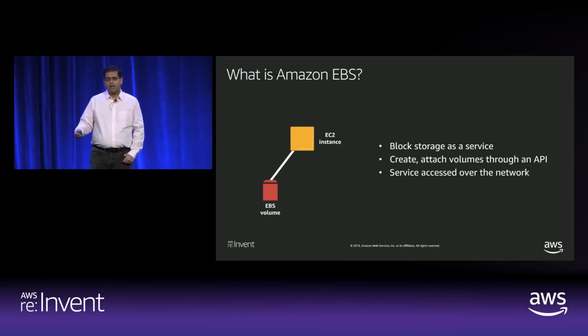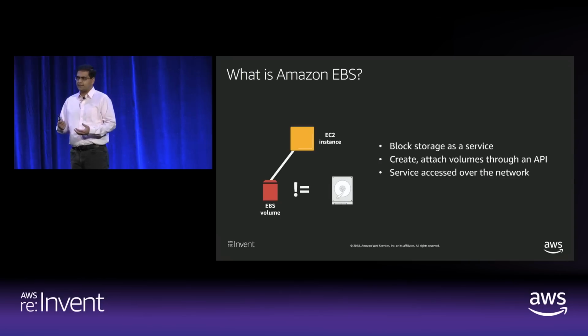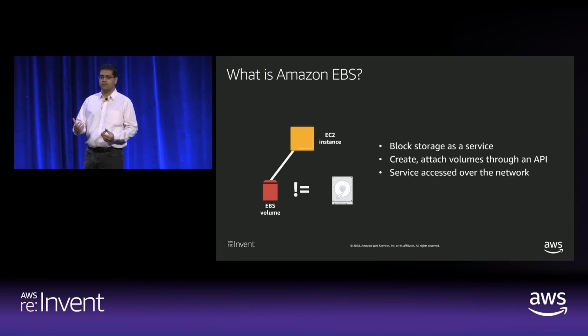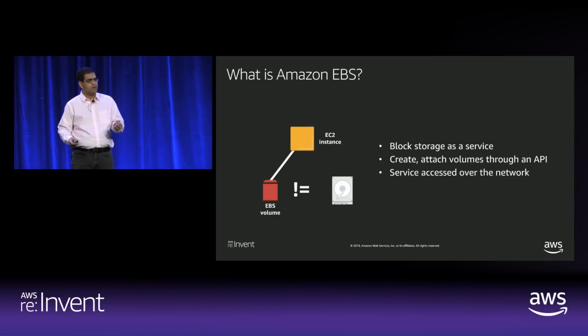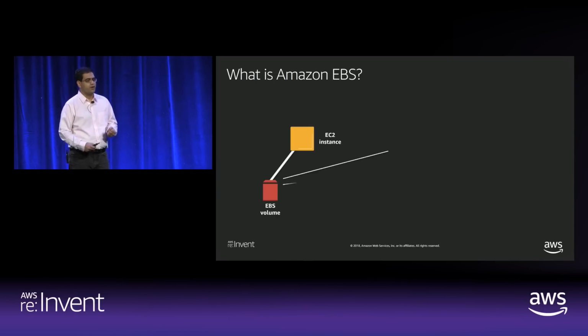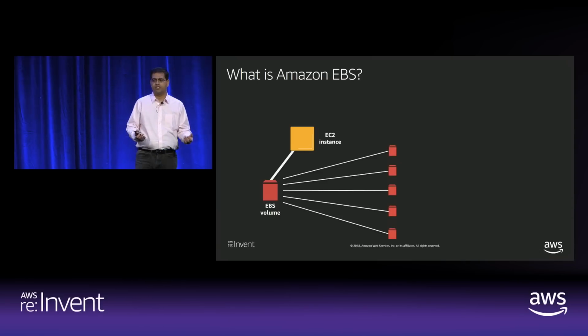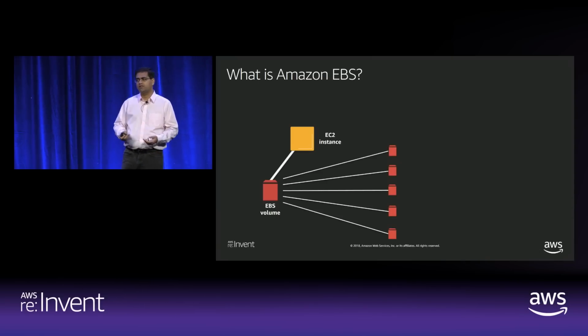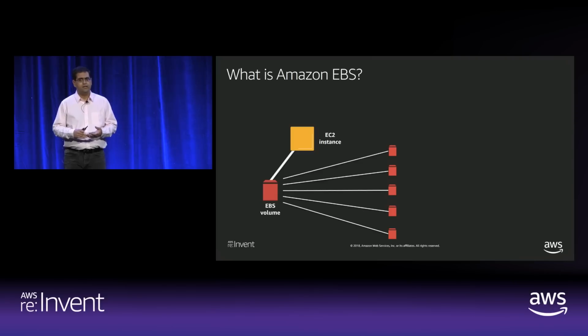Right? A point of confusion often is, is it a disk? And really the answer is it's not. And part of the way to think about EBS is really think about it as storage that's distributed over a number of physical machines. And that's what allows us to give EBS the availability and durability characteristics that Mark will go into.